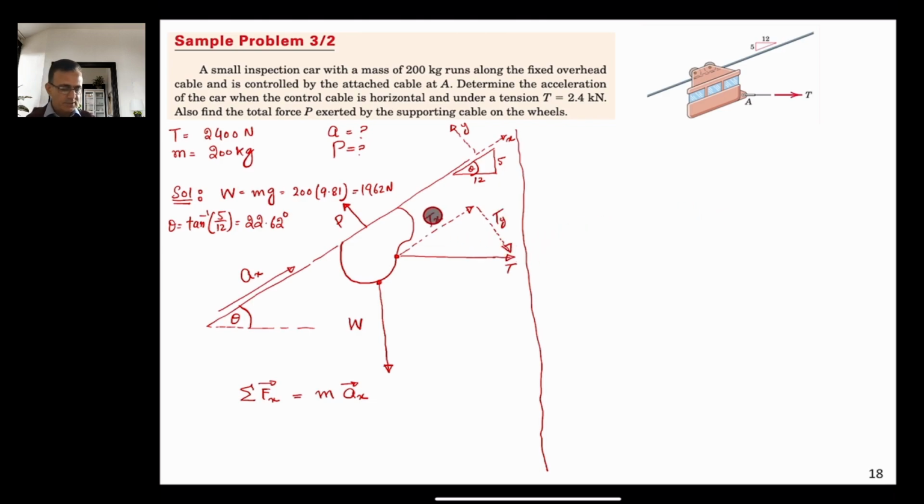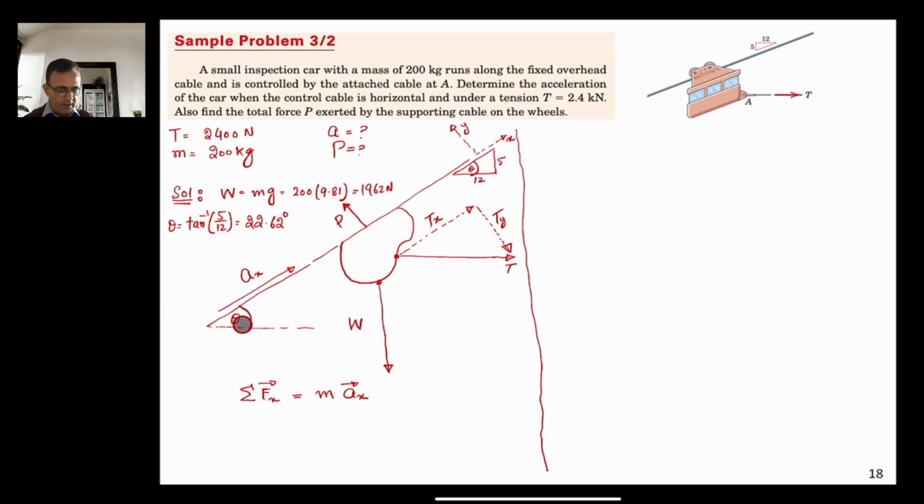This Tx is the component of T in the x direction, because we are choosing x in this direction and y in this direction here. We can also choose x and y in the horizontal and vertical directions, but then you will have acceleration in both x and y directions, which will complicate the problem. So it's always a good idea to choose the x direction in the direction of the acceleration to make it simpler.